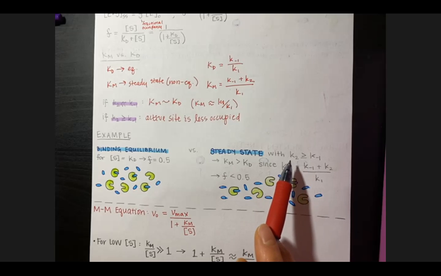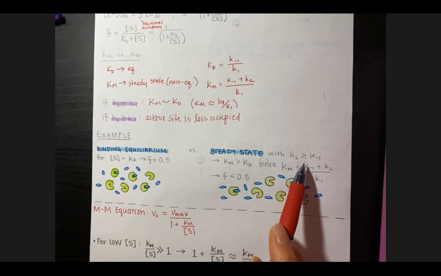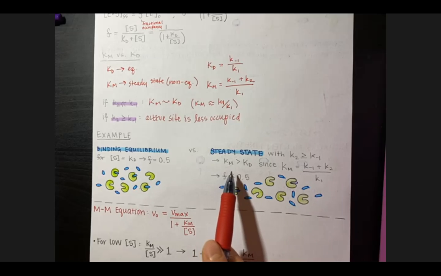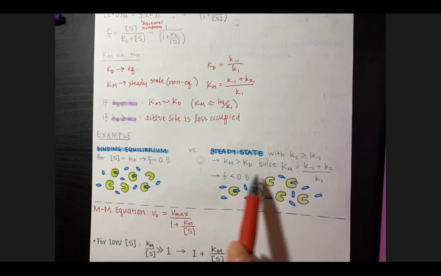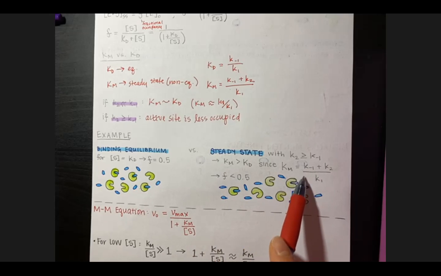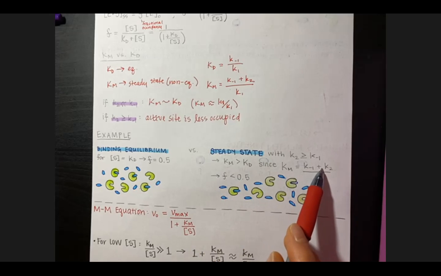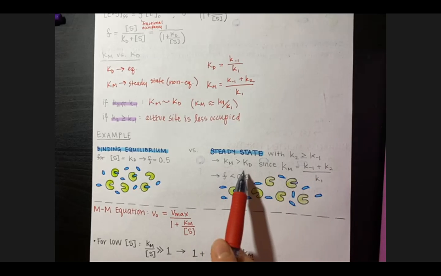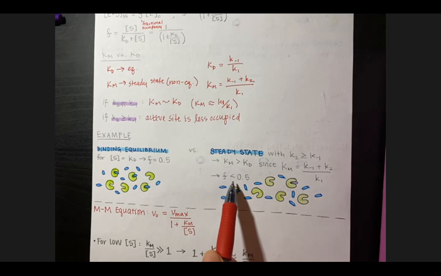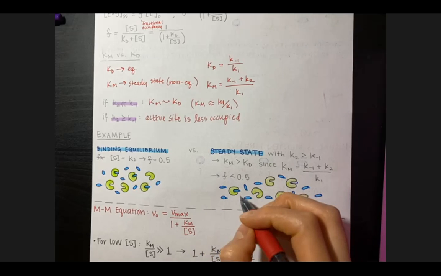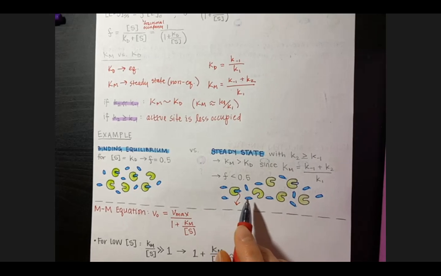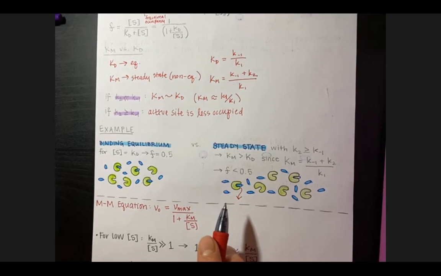If you have a catalytic rate constant greater than the off rate, then your Km is going to be greater than Kd, since Km equals this, right? And so you have this larger term here. Your fractional occupancy is going to be less than 0.5 as these are coming off more quickly. So yeah, that is one way you can see that they are not the same thing.